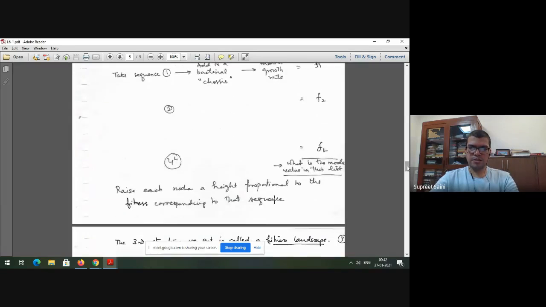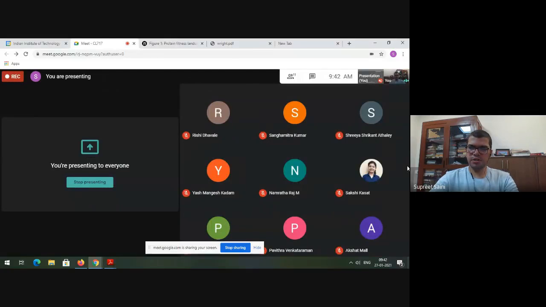So now this is going to become a 3D object. Hence, this two-dimensional structure becomes a three-dimensional structure now. Does that make sense?